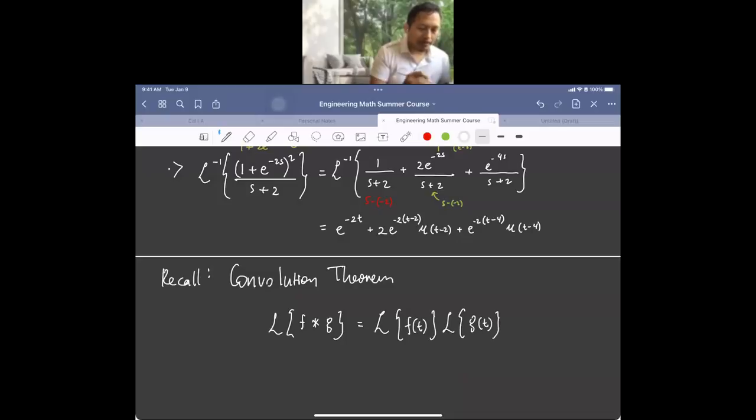So what makes convolutions special is that when we take the Laplace of those convolutions, we can separate the convoluted functions, each with its own Laplace.